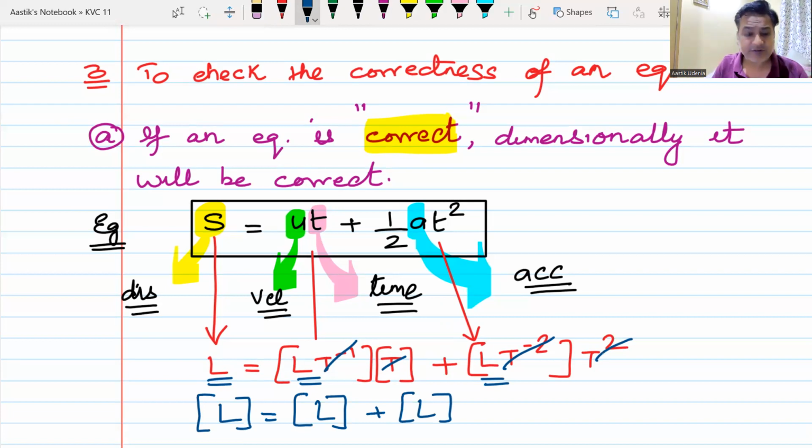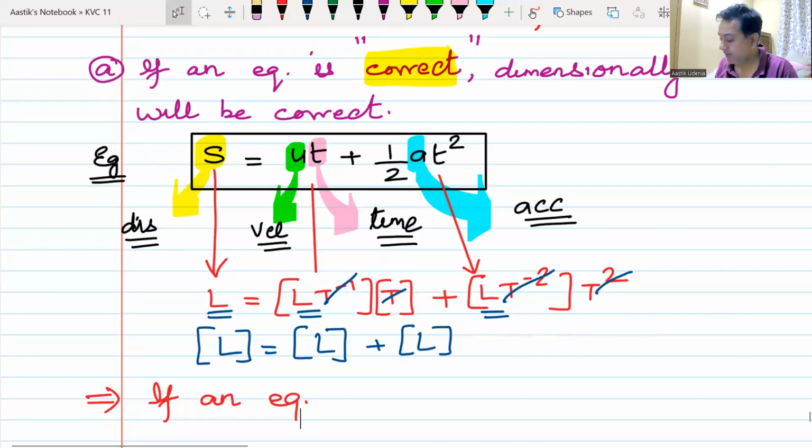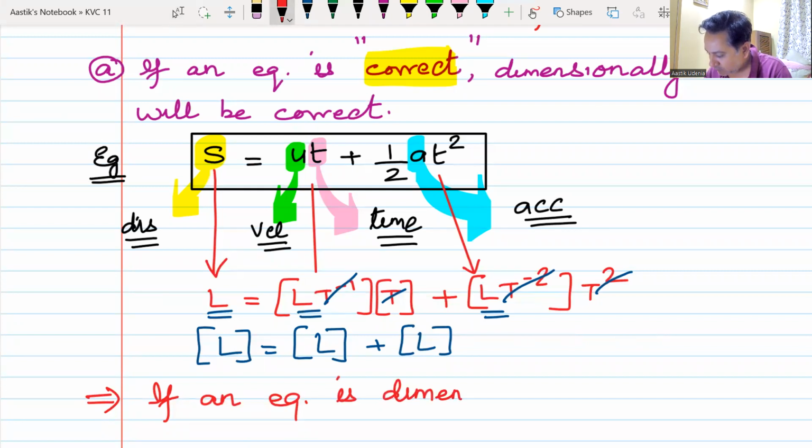Or if I say this in the reverse order, how will I say this? If an equation is dimensionally correct, and remember the language that I am using, it may be correct.